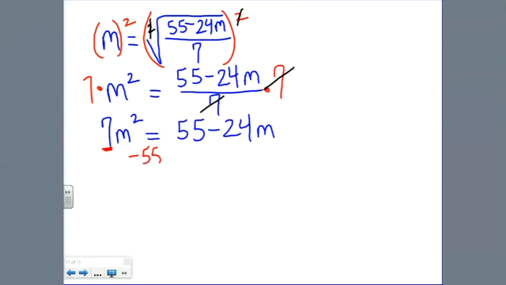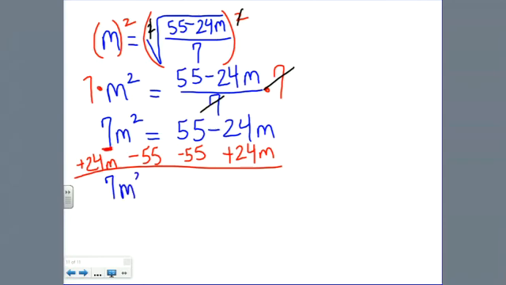Subtract 55 and also add 24m to both sides. So that gives us now 7m squared plus 24m minus 55 equal to 0.